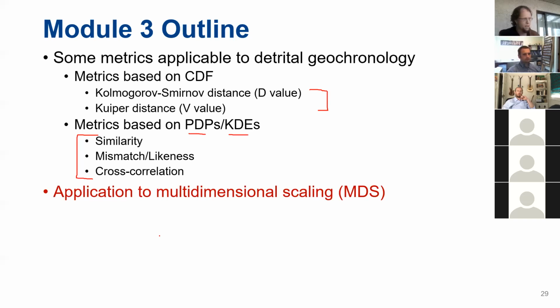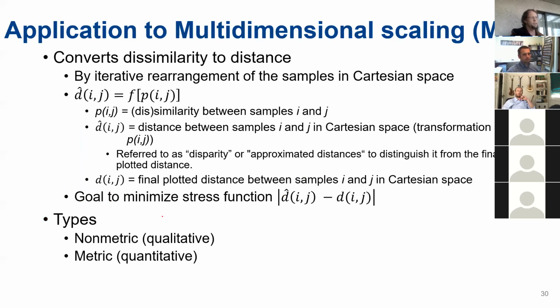All right. So I'm going to press on to multidimensional scaling. And with multidimensional scaling, one of the key things to understand is that it is merely a way of visualizing a dissimilarity matrix, right?